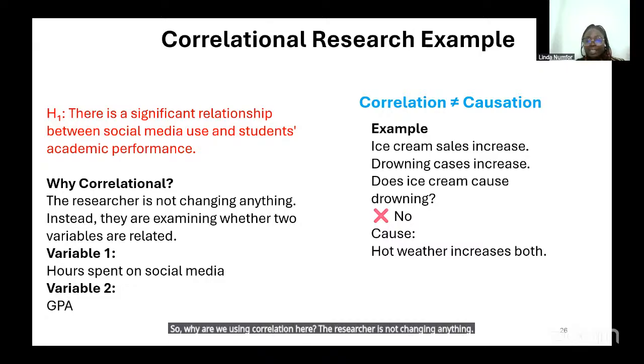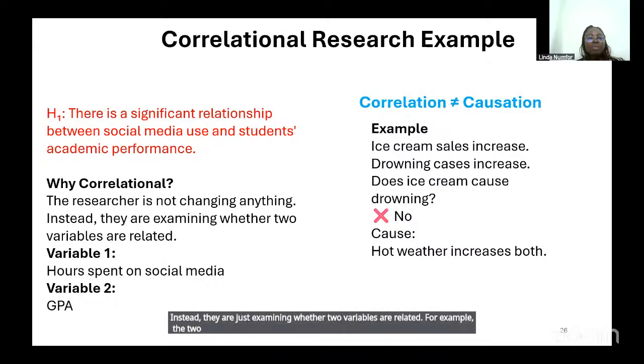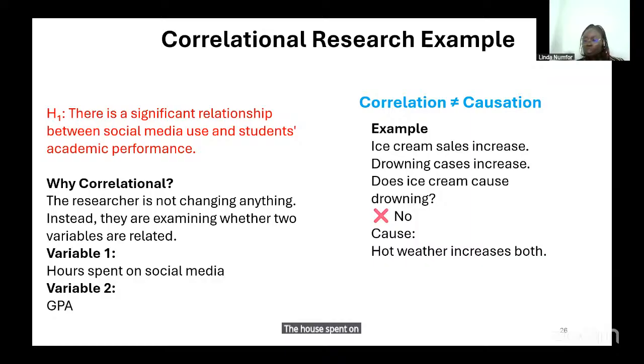Instead, they are just examining whether two variables are related. For example, the two variables here will be the hours spent on social media and the GPA of the students. That's just the two variables they want to compare. But as we said, correlation does not mean causation.